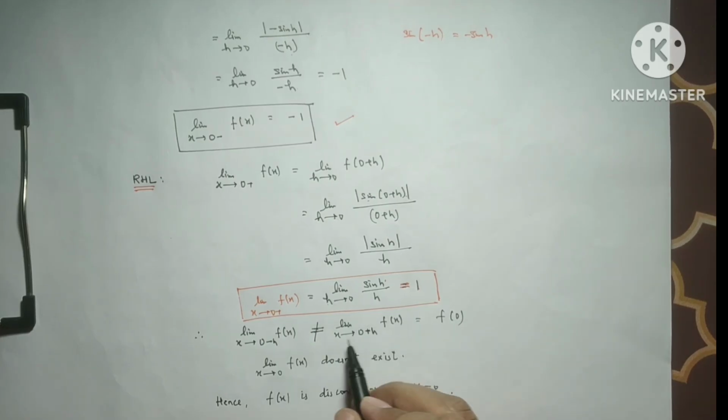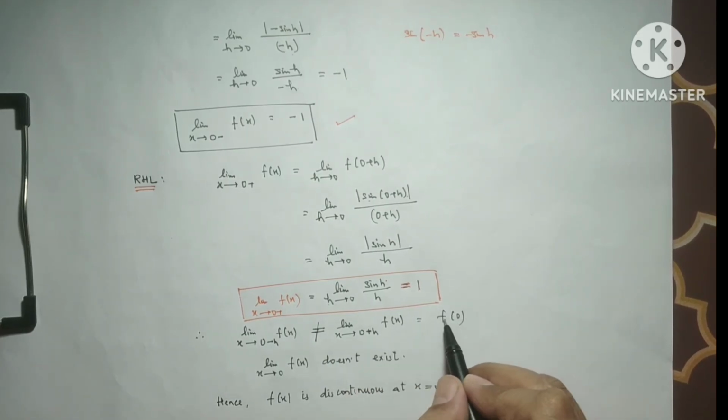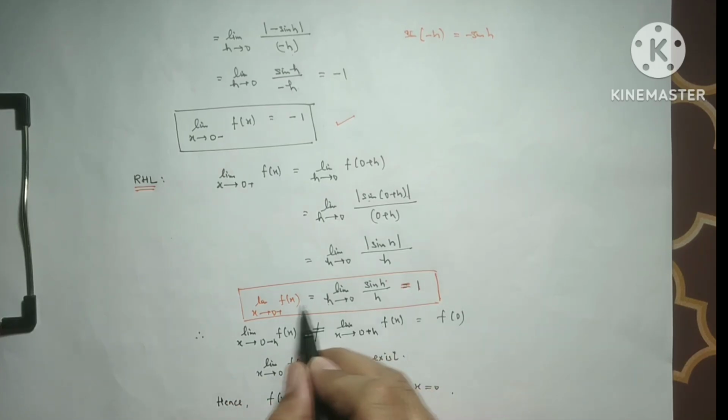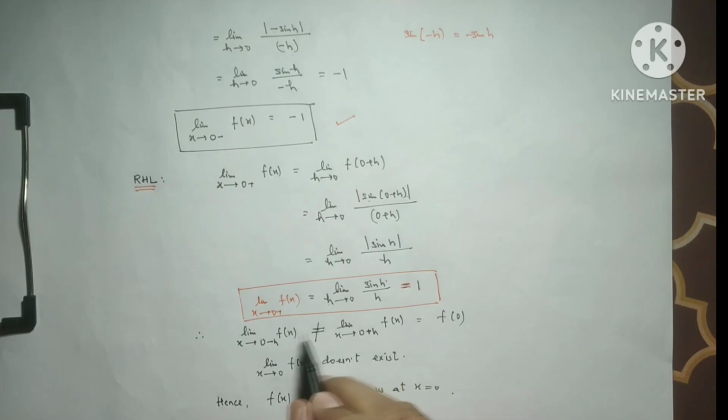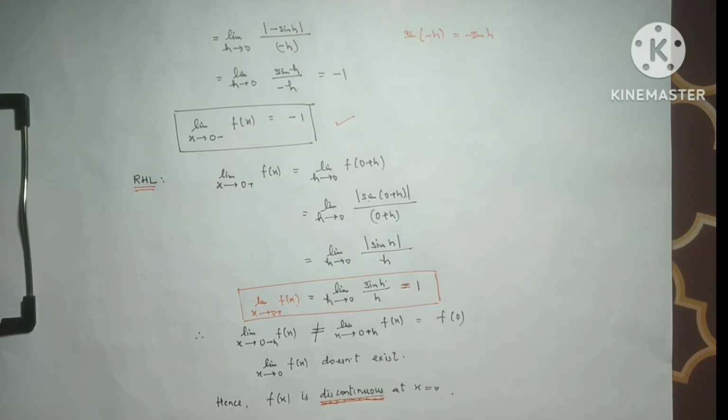So according to this, the right hand limit and the point value, the function's value, are equal, but the left hand limit is not equal. So right hand and left hand limits are both not equal, so the limit doesn't exist. If the limit doesn't exist, that gives you the result, the function is discontinuous at x equals 0. Clear?